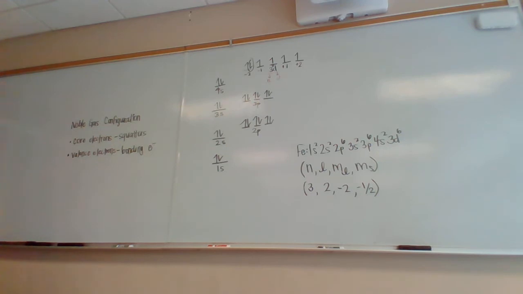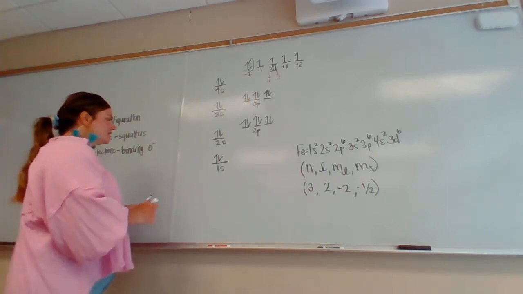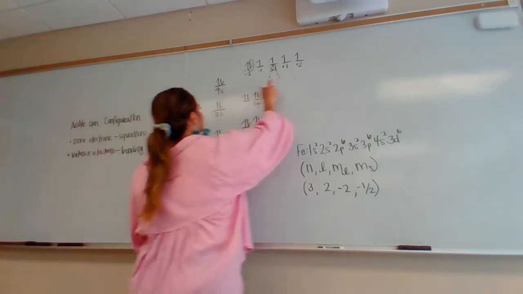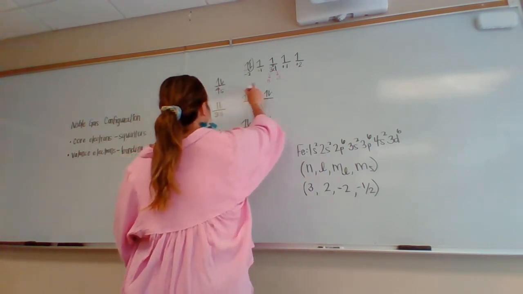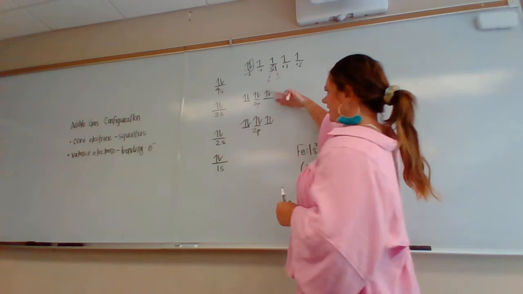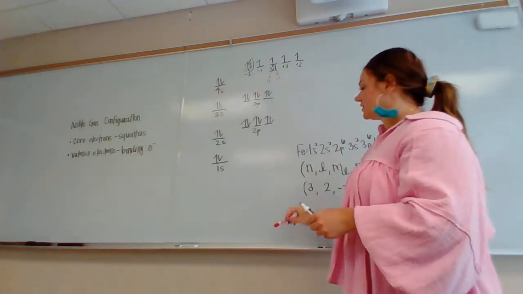The reason for noble gas configuration is not only that it's more efficient, but it shows you the actual electrons we're interested in. My core electrons are everything below this red line.